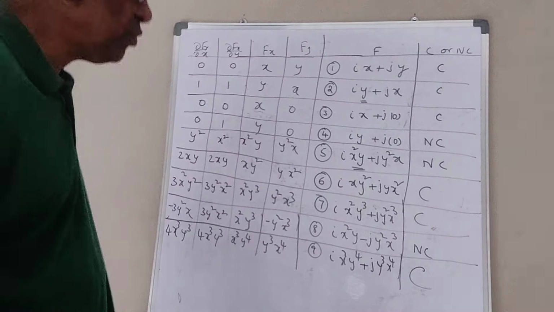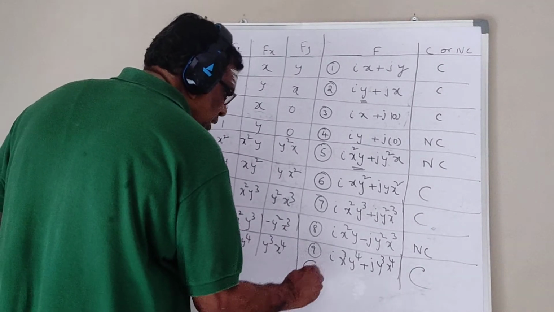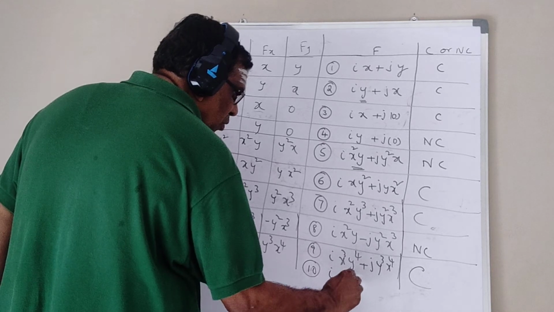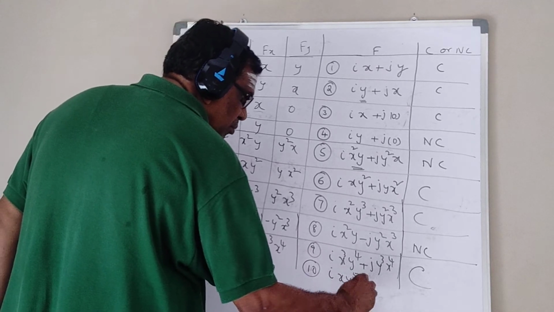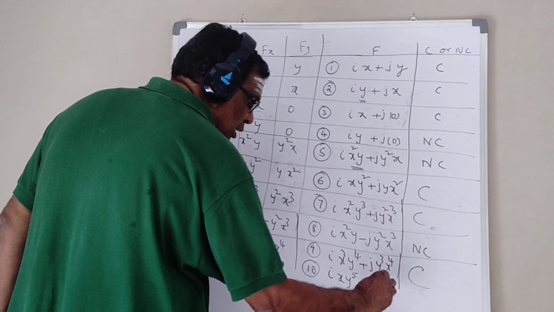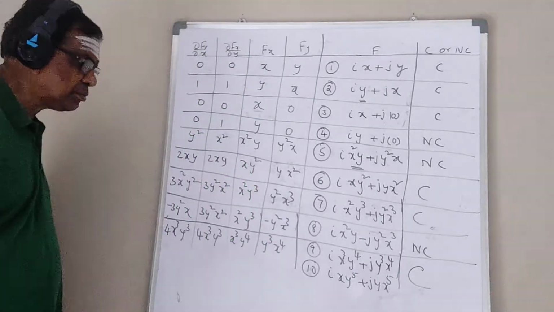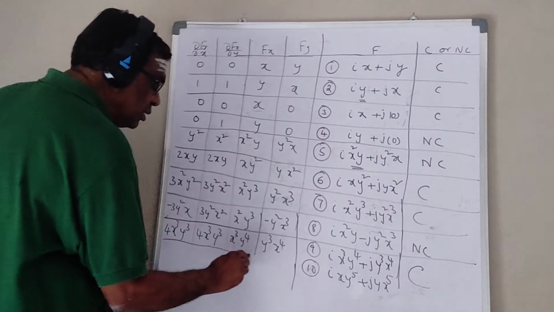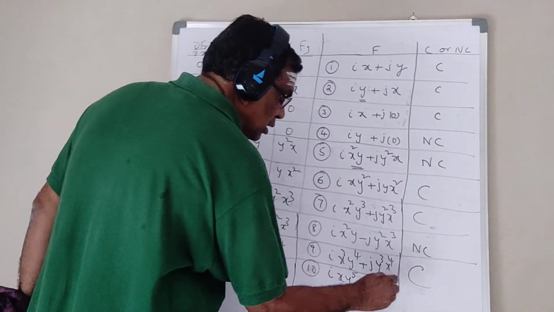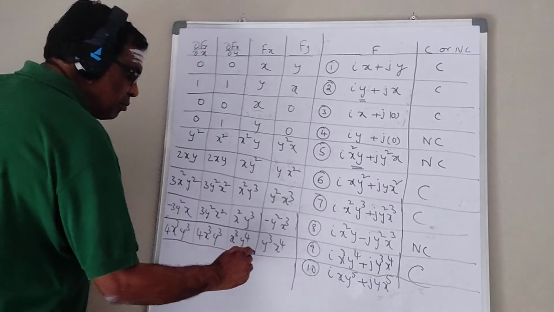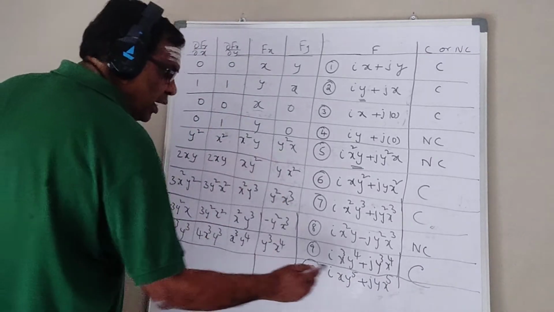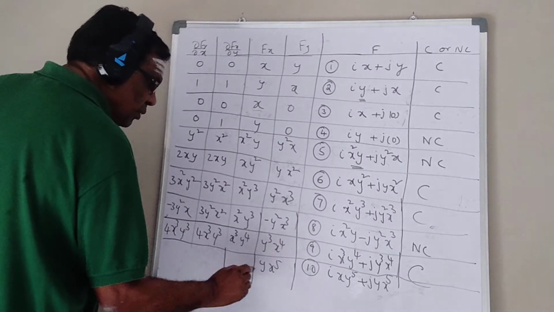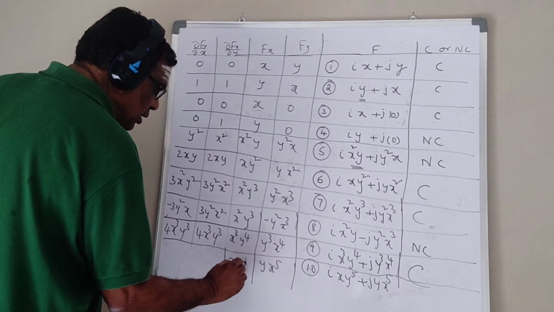And finally, let me complete this figure. i x y raised to 5 plus j y x raised to 5. Now you can easily say whether it is conservative or not. How? Fy is y x raised to 5, and this is x y raised to 5.